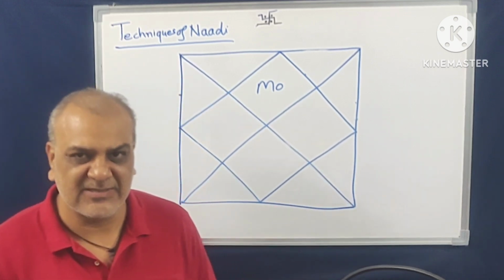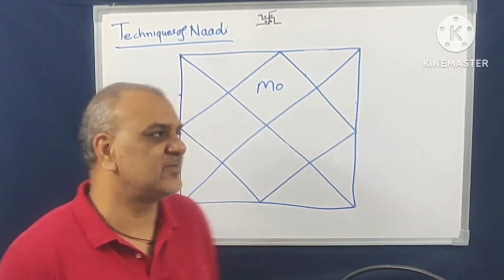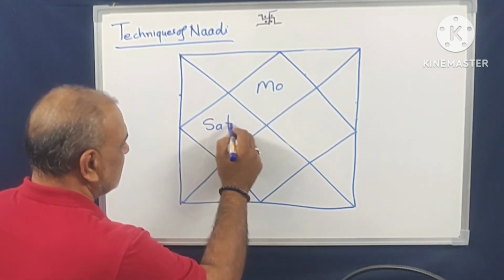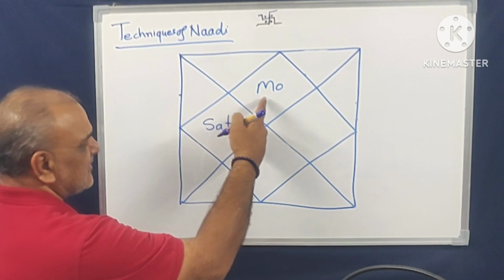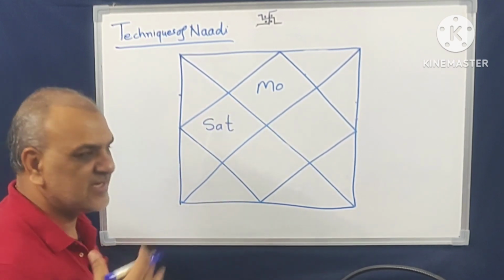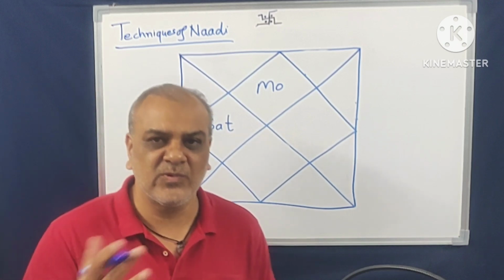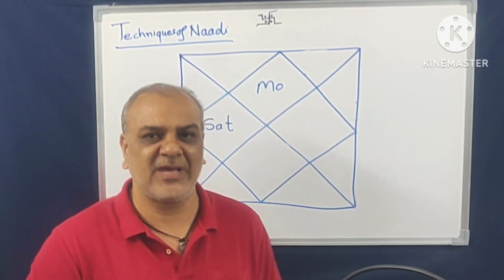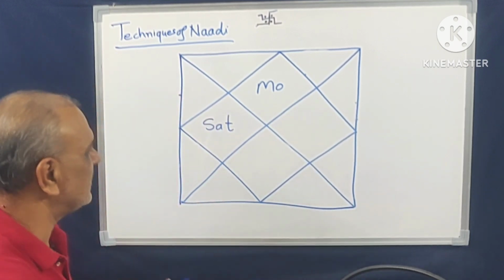So while progressing, Saturn comes here in the 4th house, and in the same chart Moon is placed here. I am just taking an example, I am not taking Moon in the 1st house or Saturn in the 4th house. This is just to explain the concept to you.